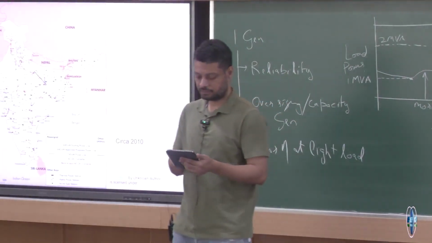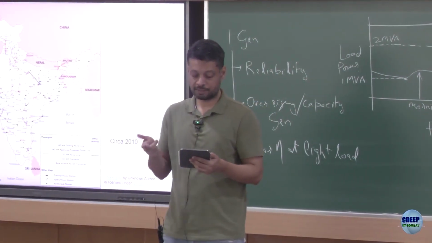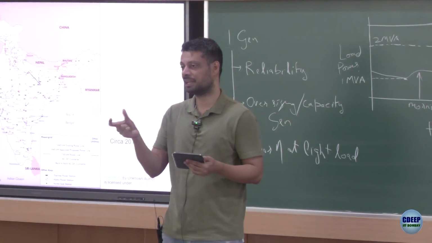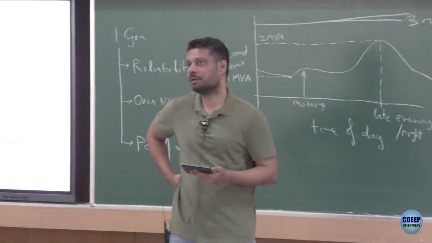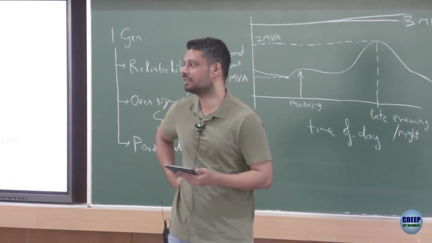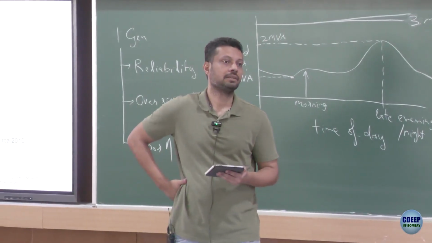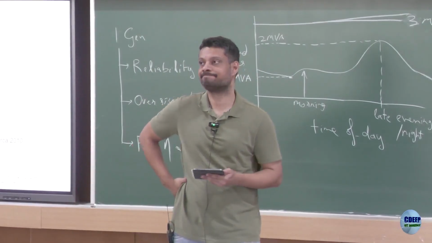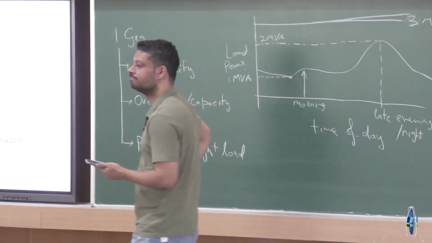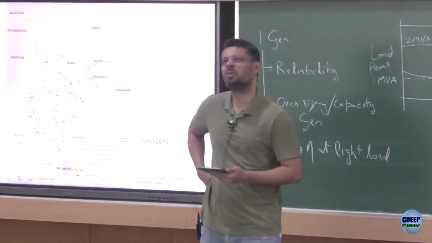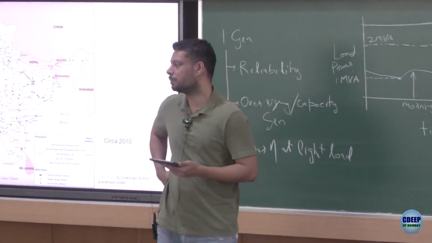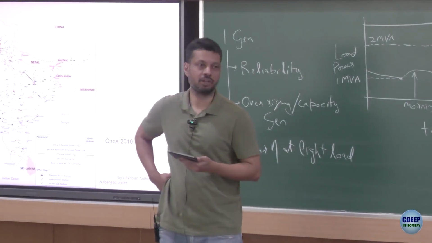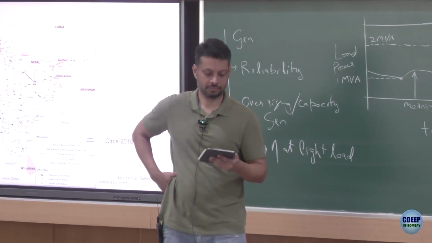With Myanmar, we have a very small connection which is about 3 megawatt. Just to give you a context of how much 3 megawatt is: a typical house would, let's say, be about 10 kilowatt or 10 kVA.